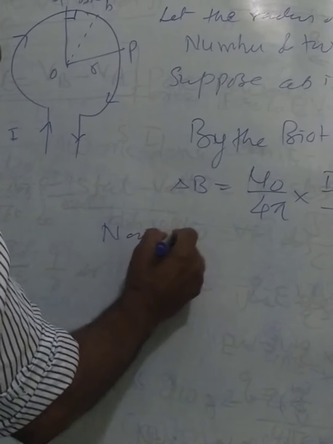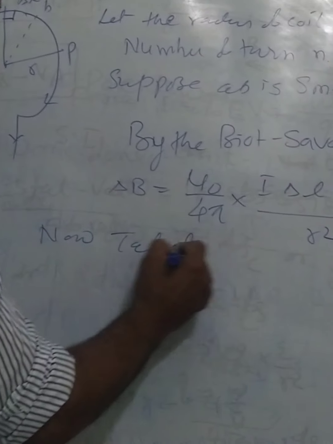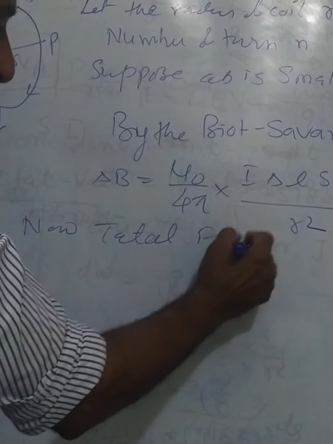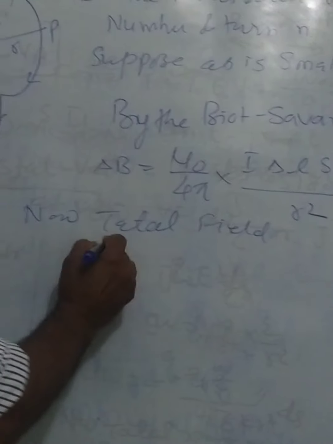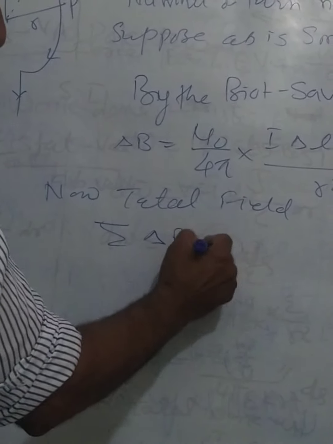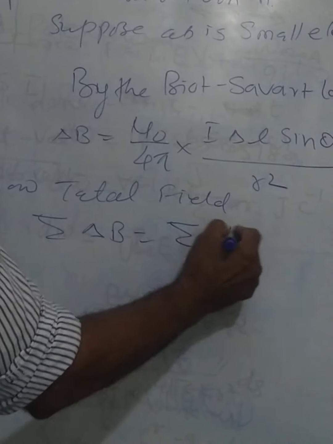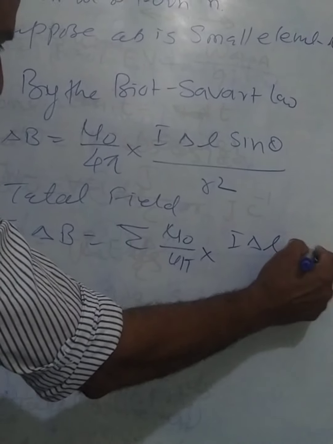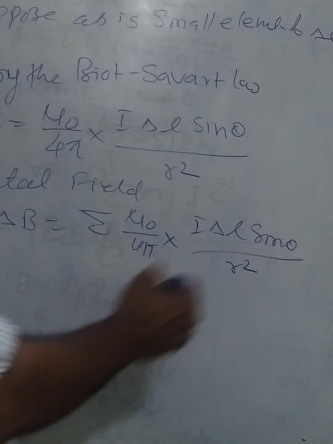Now the total field is the summation of del B, that is summation of mu naught upon 4 pi into I del L sin theta upon r square.